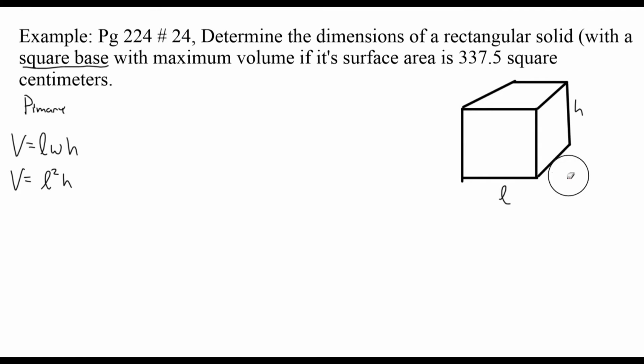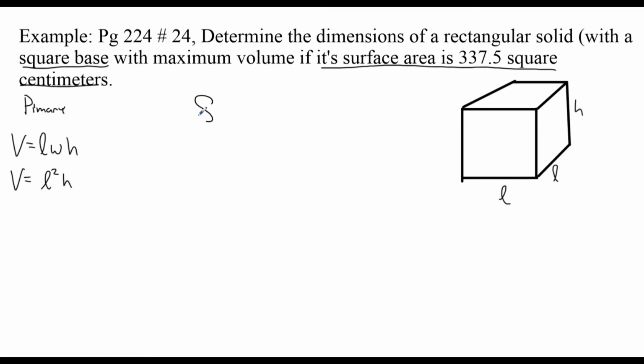Well, that's good. Now we've reduced that primary equation to an equation in 2 variables. There's not a whole lot I can do because the height isn't required to be the same. And I do have a surface area requirement.